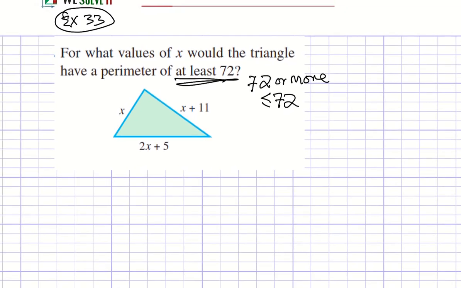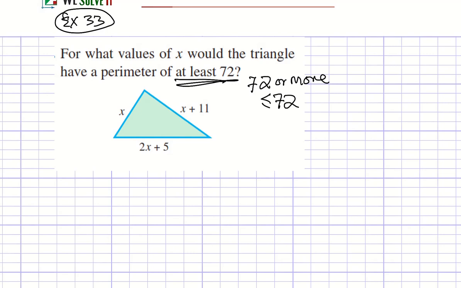So the perimeter, what is the perimeter of a rectangle? I mean a triangle. You know, we talked about this before. Usually they're supposed to give you this in the exam.